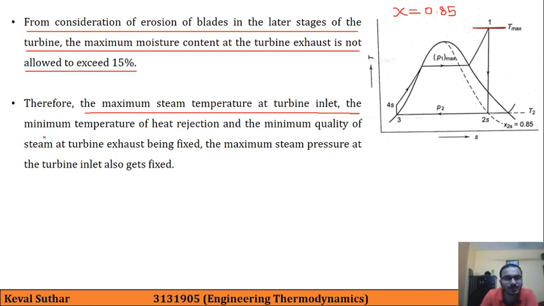The minimum temperature of heat rejection, in extreme cases, has to be the surrounding temperature, and the minimum quality of steam at the turbine exhaust is fixed, because it should not be less than 0.85. This limit is also fixed. So the maximum steam pressure at the turbine inlet also gets fixed. So now this is also fixed.